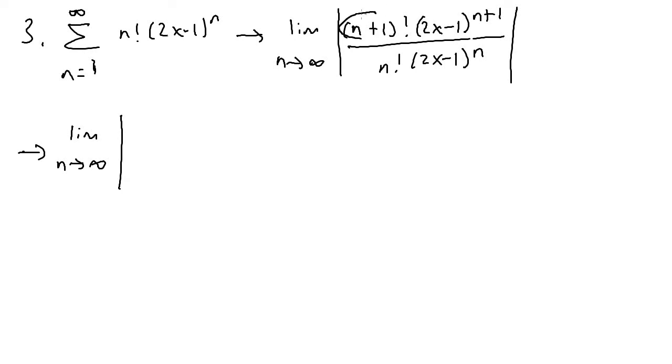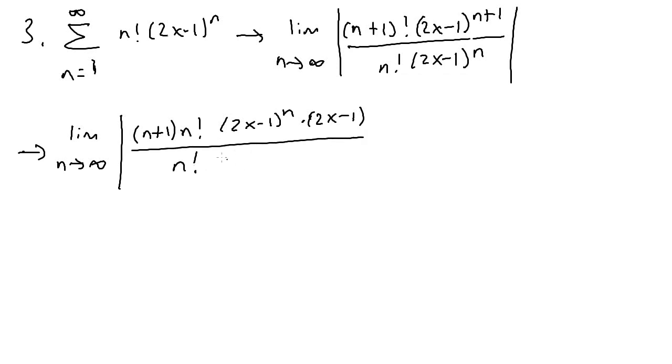Now, in order to expand n plus 1 factorial, I can rewrite it as n plus 1 times n factorial, times, I'll expand 2x minus 1 to the n plus 1 power as 2x minus 1 to the n times 2x minus 1 to the first, or just 2x minus 1, over n factorial times 2x minus 1 to the n power. So the factorials will cancel, and the n powers will cancel.